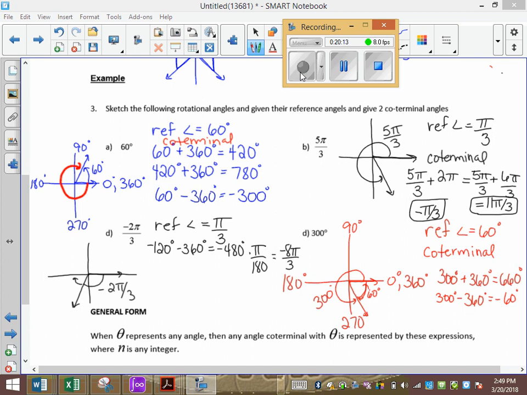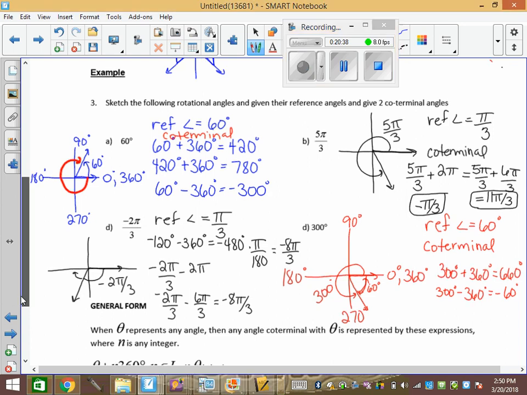Now, if you wanted to do that without converting it to degrees, you could literally just go negative 2 pi over 3 minus 2 pi, which is negative 2 pi over 3 minus 6 pi over 3, getting a common denominator, which is negative 8 pi over 3. Because you're just subtracting 2 pi.